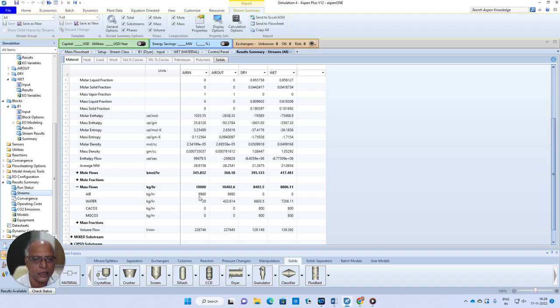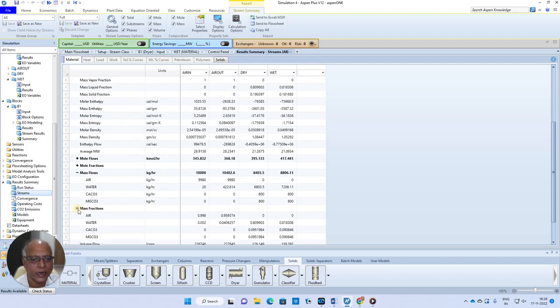Air remains as it is, it's a tie component. So roughly about 402 kgs of water has been picked up from the wet solid material. Finally, we have dry solid at 6803 kgs. This is the amount of wet solid.